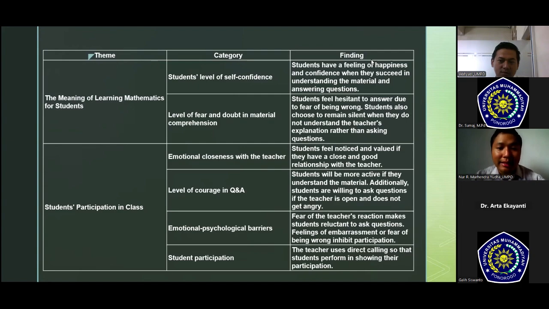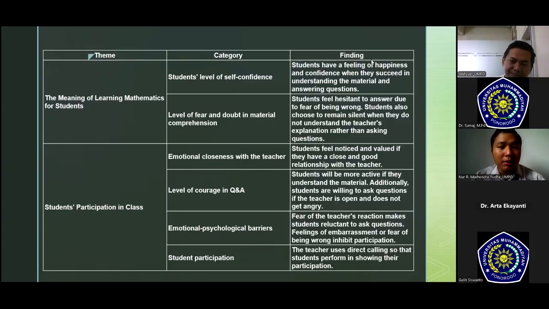The second is the level of courage in Q&A, their level of braveness in asking or answering questions. What we found is the student will be more active if they understand the material. Additionally, students are willing to ask questions if the teacher is open and does not get angry.